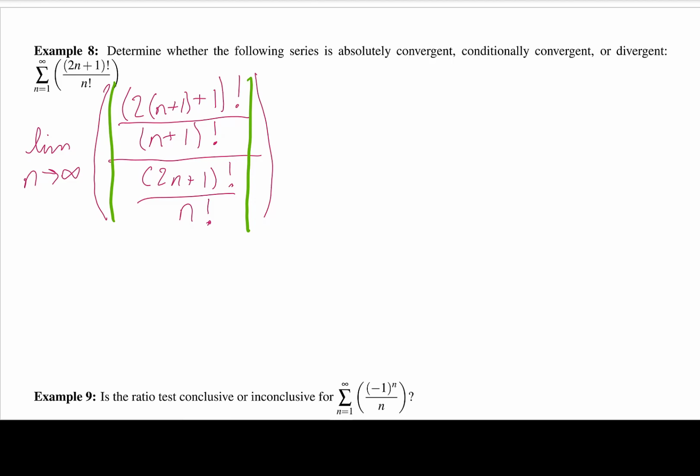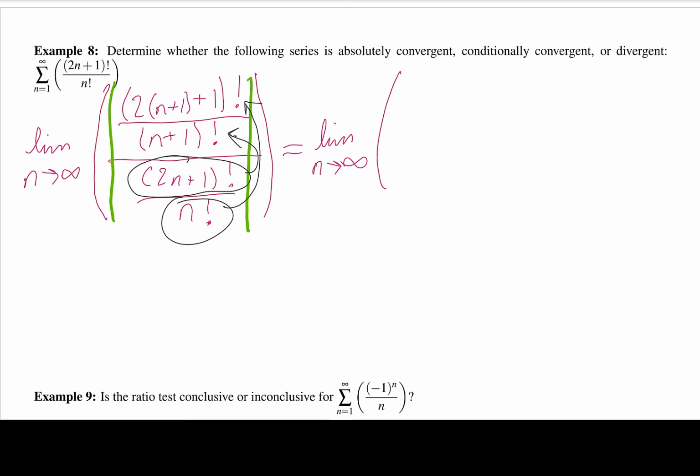Right, so this is an example of, we use the ratio test on other things than just alternating series, right? This is one of our factorial examples where we're using the ratio test. So we've got the limit as n goes to infinity. These will need to multiply, so this goes up top, and this will go to the bottom.